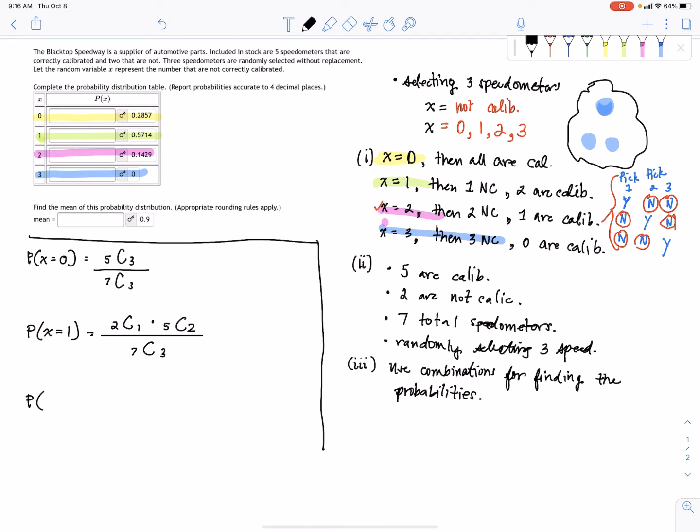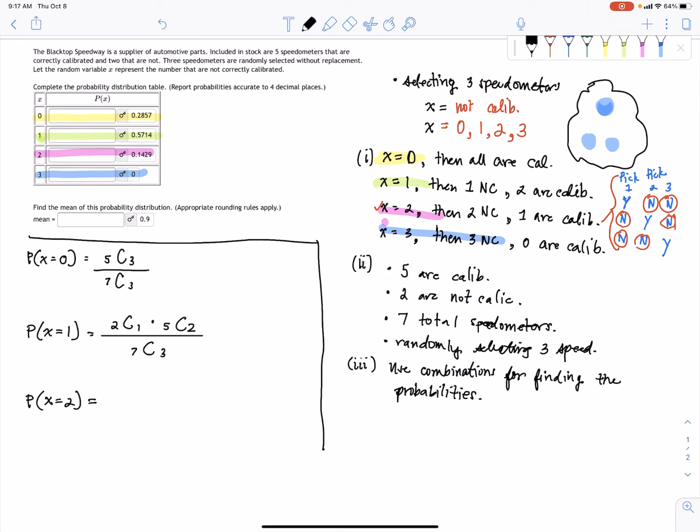Okay, and if the probability x equals 2, going back to our notes, that means that 2 are not calibrated out of the 2 I can pick from the box that are not calibrated, and 1 is calibrated out of the 5 that are calibrated in the box.